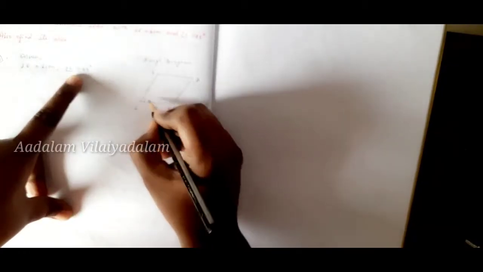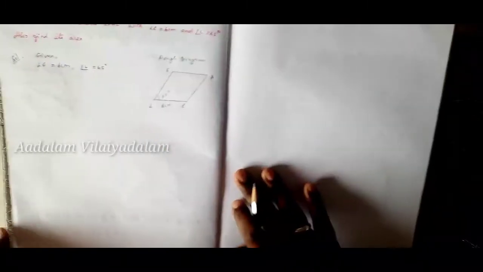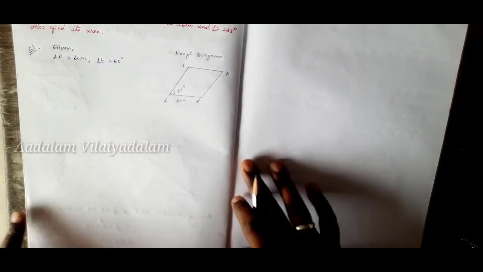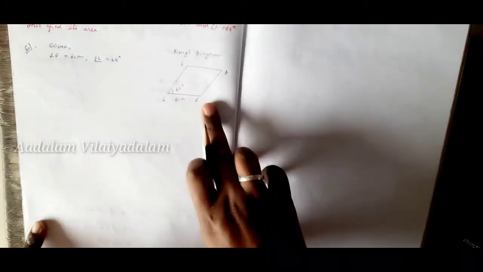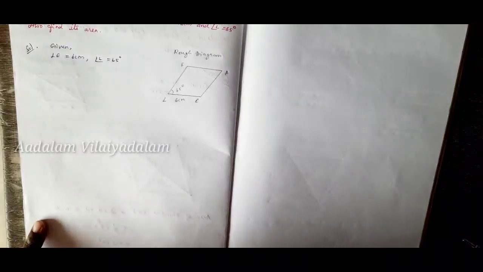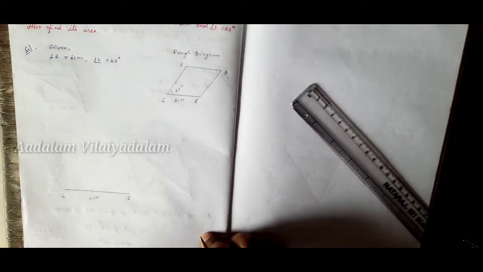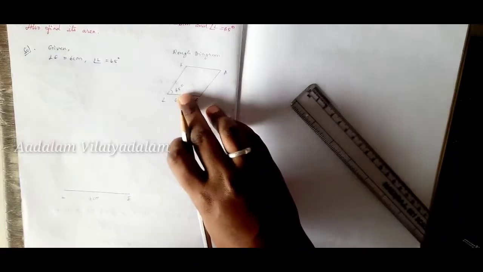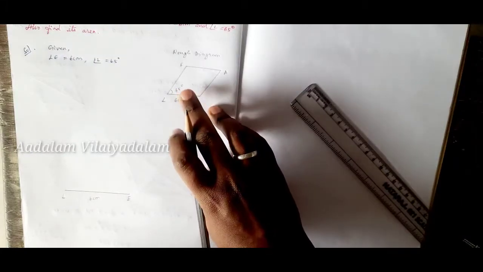Next the measures are LE will be 6 centimeter and angle must be 65 degree. So this is the information we have taken from the question, and now we are going to draw the main diagram. Let us draw the line segment LE equal to 6 centimeter. Now let us mark the 65 degree angle.